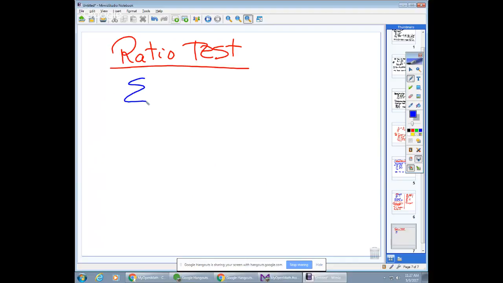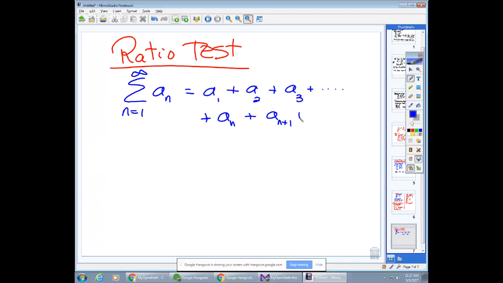So we have some series, let's say we start at 1, of a's. So there's a first term, and there's a second term, and there's a third term, and they keep on going. And somewhere along the line, there's going to be some nth term, and then there's going to be a term after that, n plus 1, and it just keeps going. And so what you do is you look at the ratio of a term and the term before it.